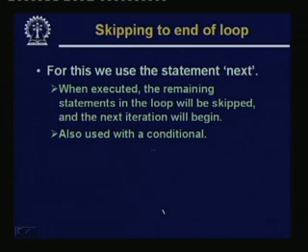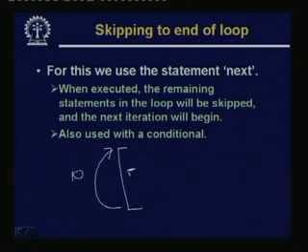Similarly, you may want to skip the body of a loop. For example, you have an iterative loop that will go on, say, 10 times. For each iteration you are making some check, and if some condition is true, then you want to skip the remaining statements in the loop and continue with the next iteration, not exit the loop. Okay.